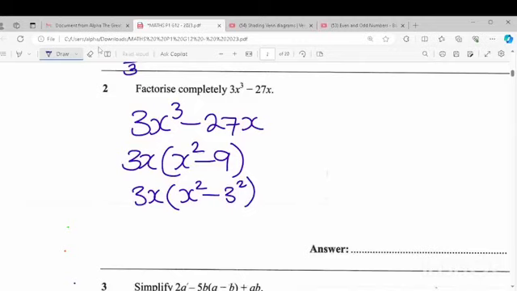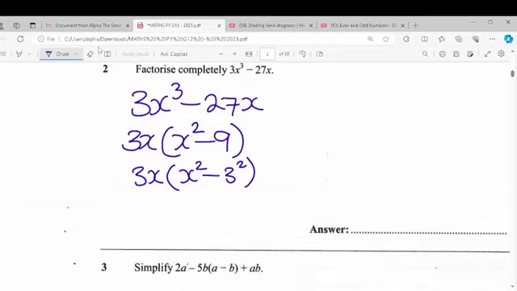9 is a square number and it can be written as 3 squared. So when you look at what is in the brackets, it's in the form of a difference of 2 squares. x squared is a square number and 3 squared is a square number. So we are going to say 3x, open brackets like this, and then plus minus.